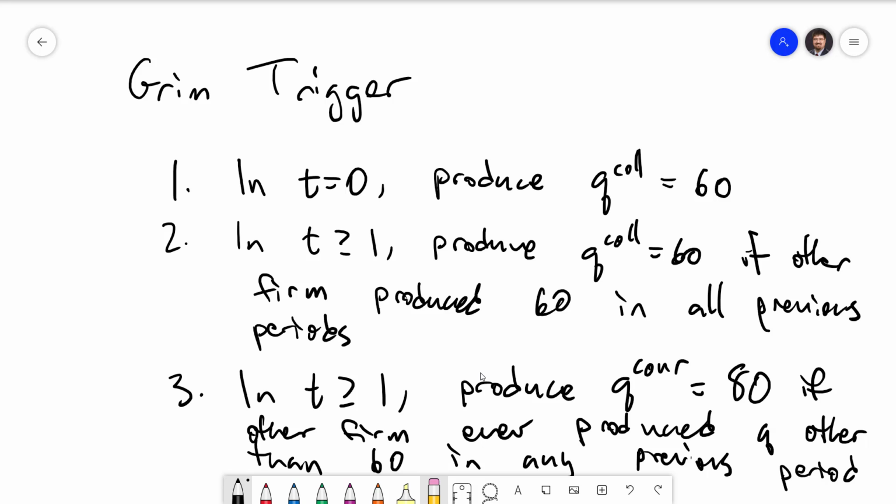So this lines up with what we know about Grim trigger, where we are going to be cooperative as long as the other firm has always been cooperative in the past, but if they ever break that trust, it's gone forever, and we are always going to produce 80 forever.